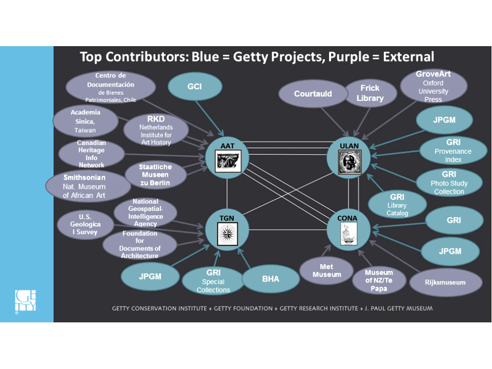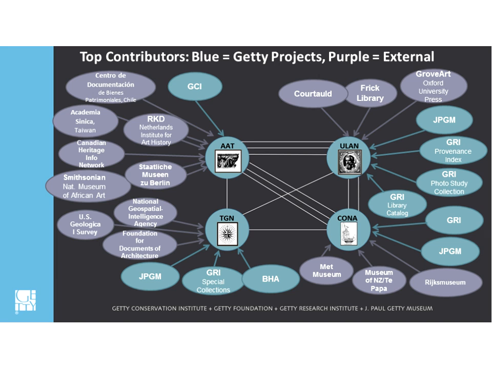The ones in blue on this side are internal Getty contributors. So here the GCI, the Getty Conservation Institute, has contributed thousands of conservation terminology to the AAT. JPGM is the Getty Museum. They're also a contributor. The Getty Provenance Index is one of the earliest art history projects to use computer technology.